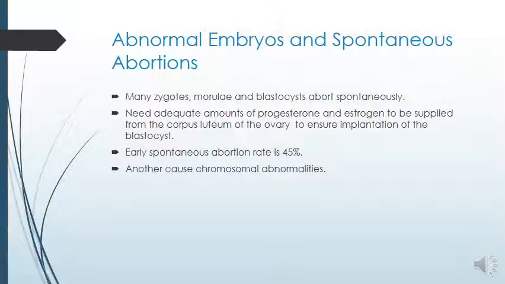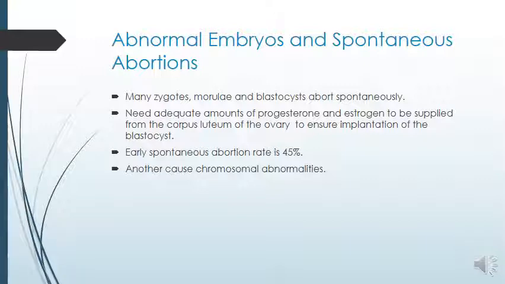Remember, the corpus luteum is the shell that was left when the Graafian follicle released the egg at ovulation. And the corpus luteum is responsible for secreting progesterone and estrogen. Those two hormones are needed to ensure that the blastocyst can implant. Without a functional corpus luteum, you do not have the ability to have implantation take place.